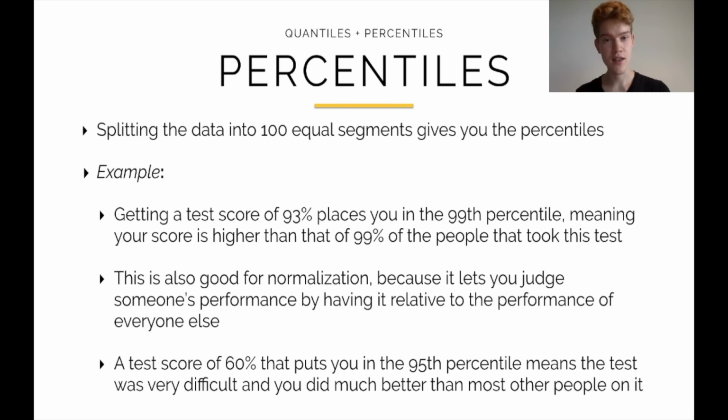Is it an easier test? Maybe more people are scoring higher. So they don't really judge you directly versus the test, but they normalize you against everyone else that took the test. So you take the test, you get a score, and then the percentile checks where that score lies relative to everyone else.